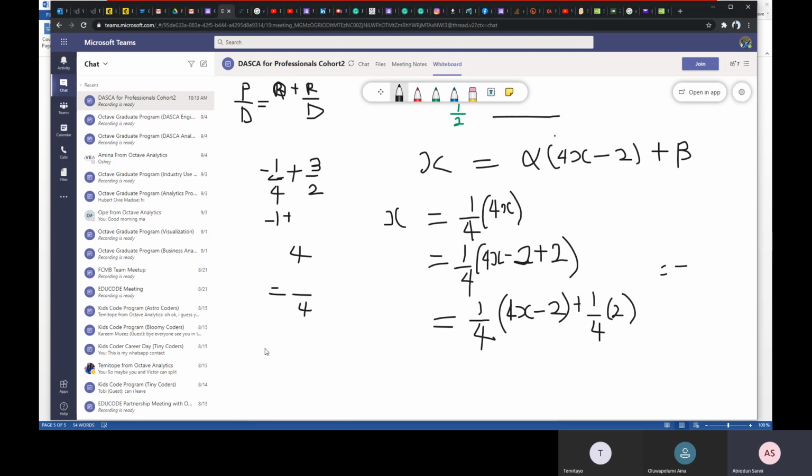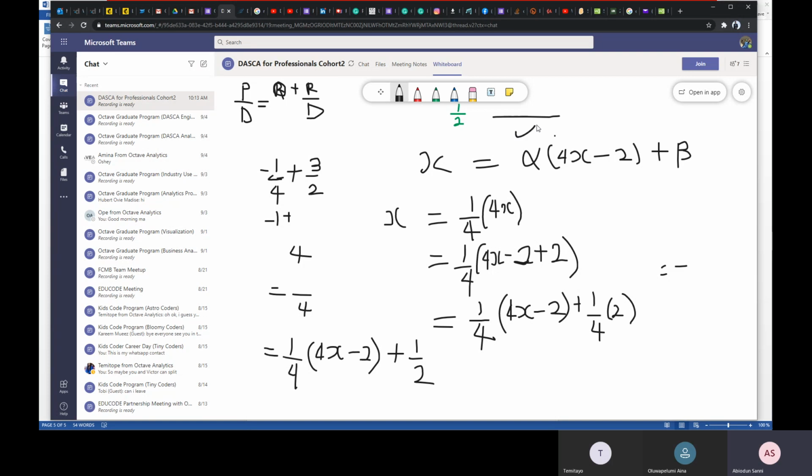So this is now equal to 1 over 4 times (4x minus 2) plus what? Half, because 1 over 4 times 2 is half.